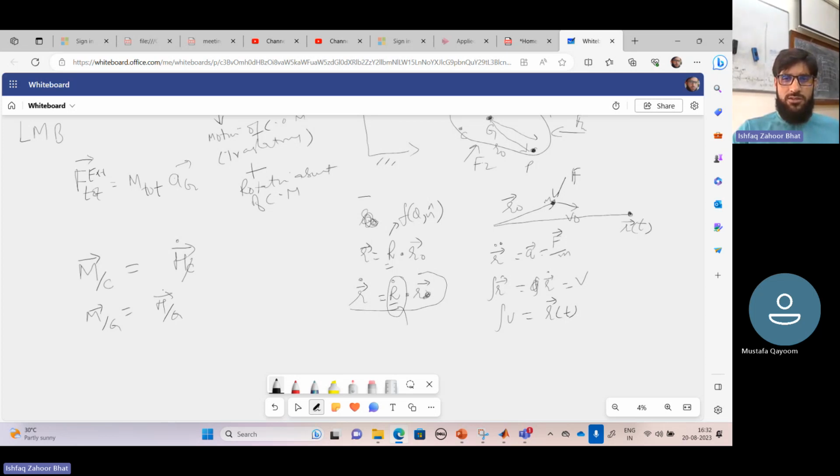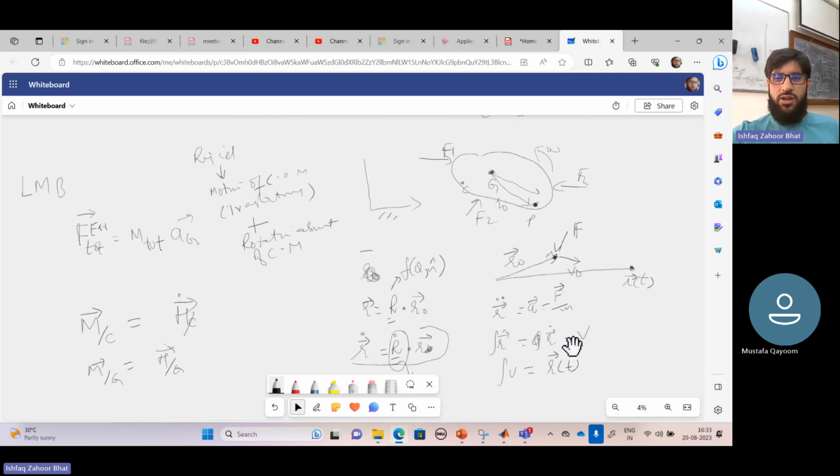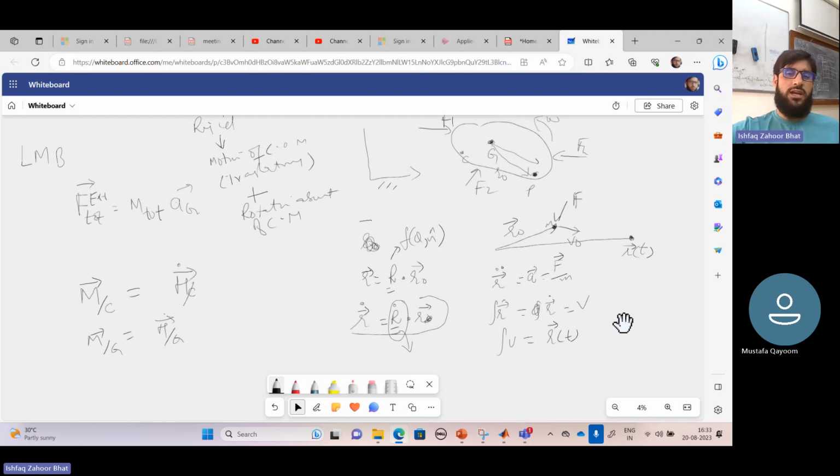You don't know how it is varying, similar to how you don't know velocity. What you know is the constitutive laws. You know the external force and the acceleration. This is basically the essence of the second law. So the second law connects the things on the upper level, that is, it connects the acceleration. You have to integrate the acceleration to get the velocity, and then integrate it again to get the position.